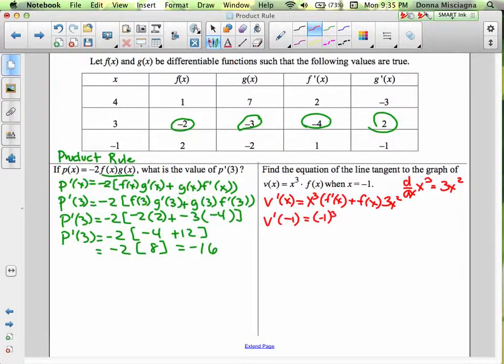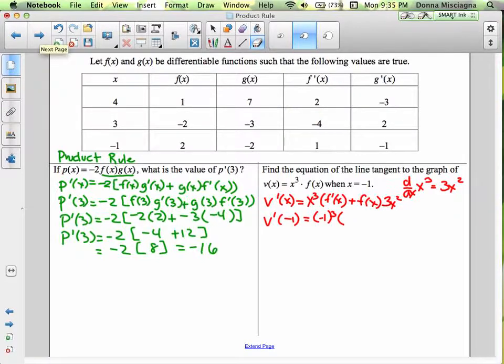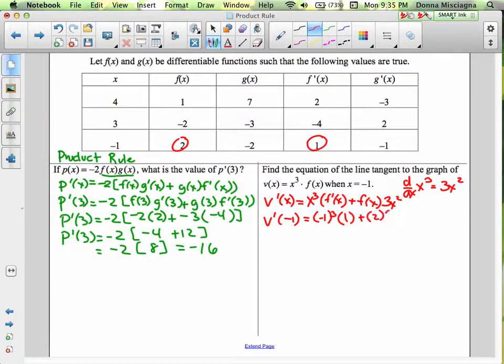All right, and now we want v prime of negative 1, and that's going to be negative 1 cubed. Let's get rid of these. F prime of negative 1 is 1, plus f of 1 is 2, times 3 times negative 1 squared. I feel like I'm missing a parentheses.